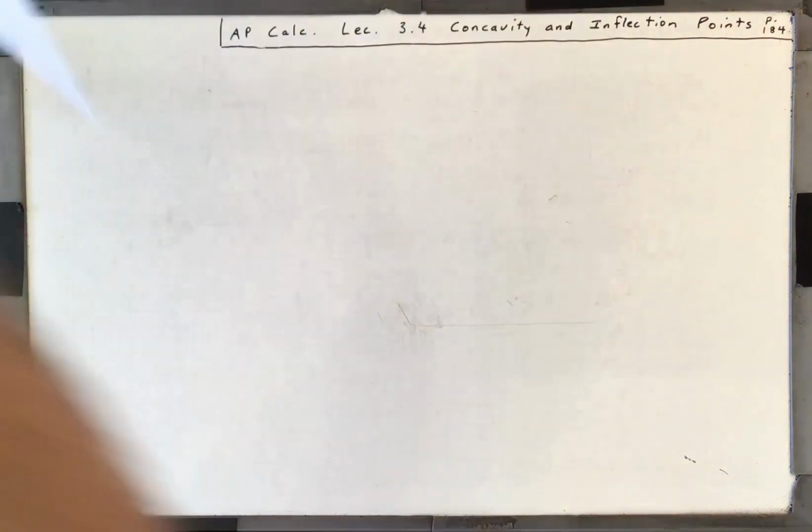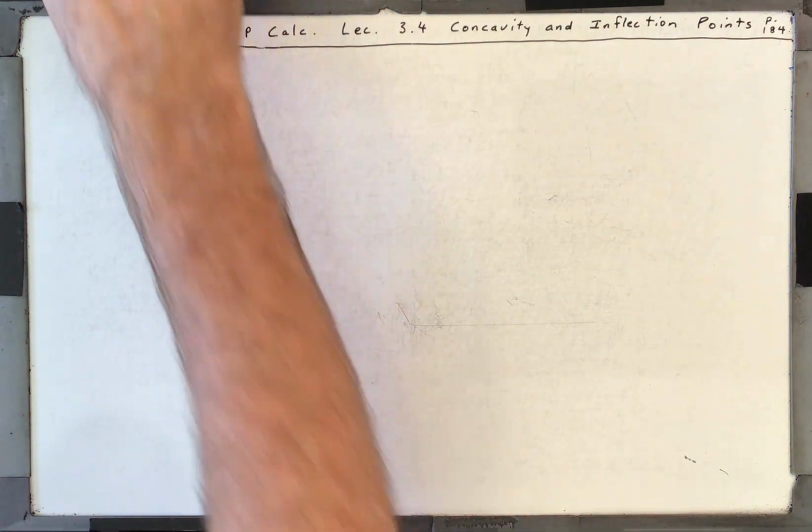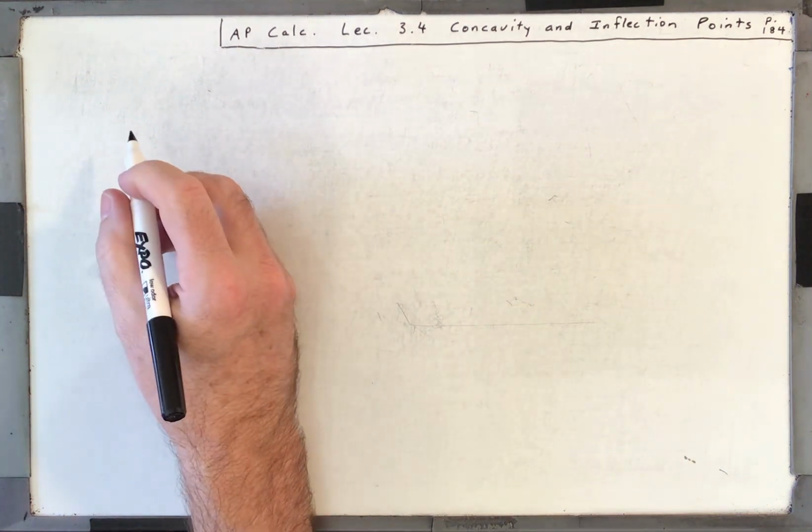Let's go back to yesterday's notes and work the same three problems again. I'm going to rehash what we did yesterday because on the homework you're going to have to do that.